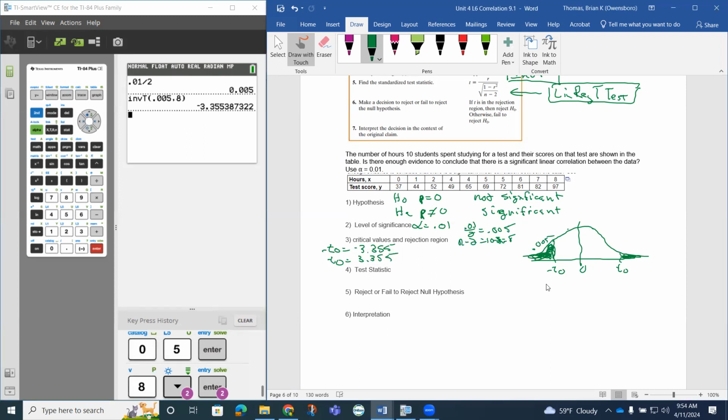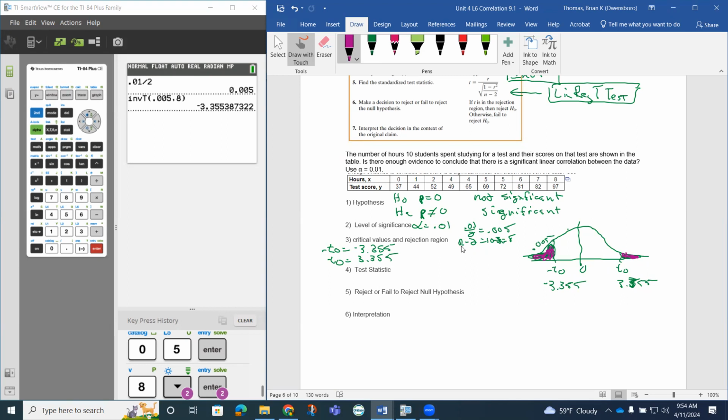So these are my critical values here, negative 3.355 and 3.355. If I am left of negative 3.355, or if I'm right of 3.355, I'm in the rejection region.